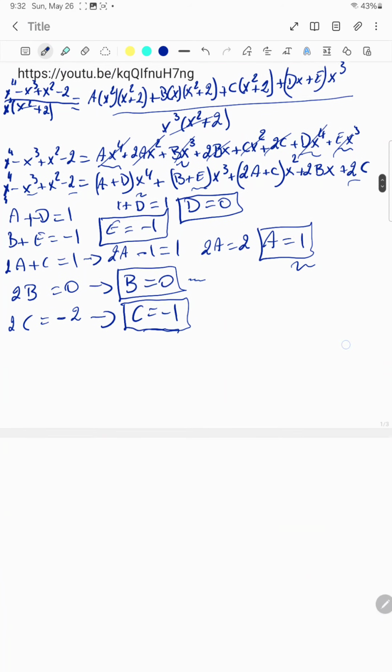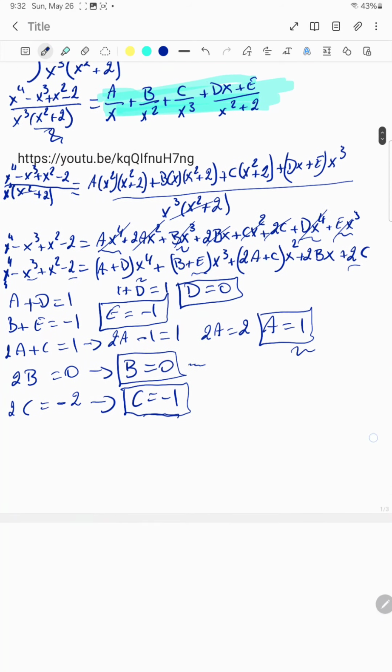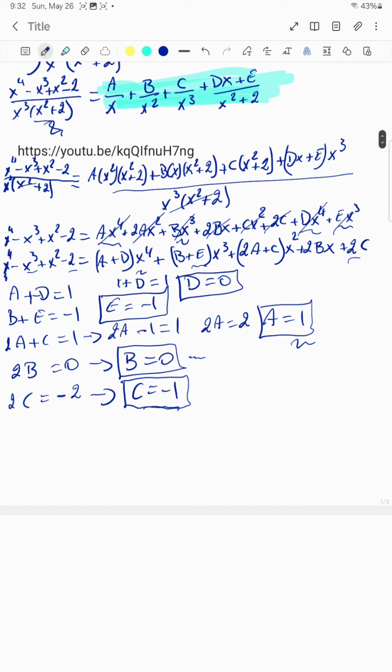So my (x⁴ − x³ + x² − 2) divided by (x³ times (x² + 2)) is equal to, now I replace the a. I know that a is equal to 1, so it's 1 divided by x.